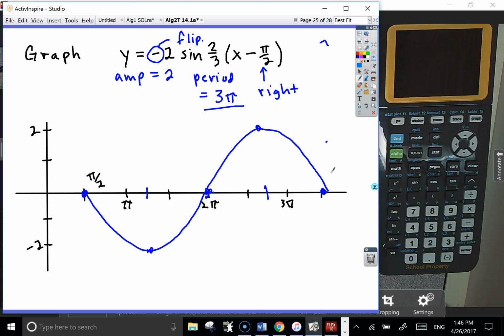Right, that's got everything in there. It's got the amplitude of 2, the period is 3 pi, and it shifted pi/2 to the right, and it's flipped. Goes down first.